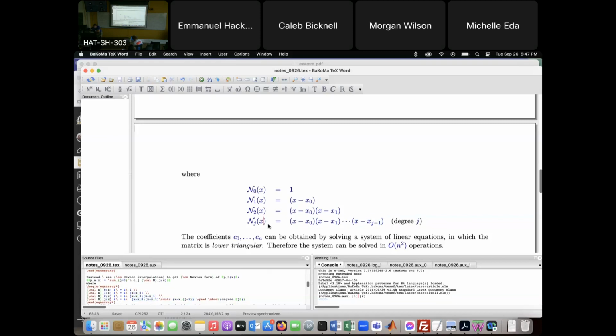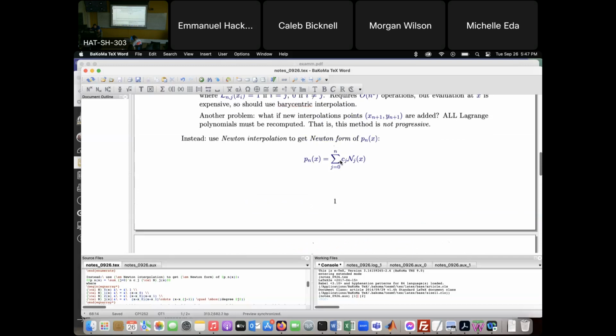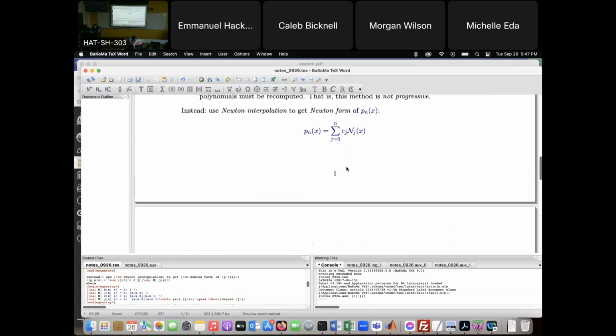So now, by defining these polynomials n0, n1, n2, etc., I have to solve a system of linear equations basically to get these coefficients, the cj.